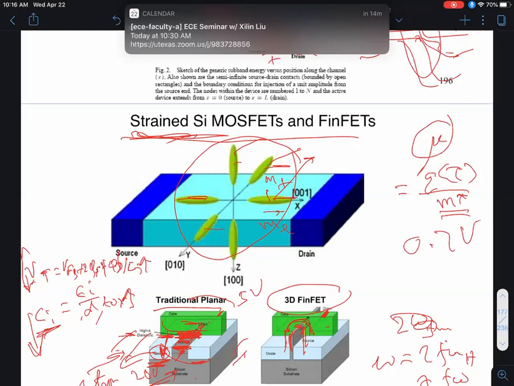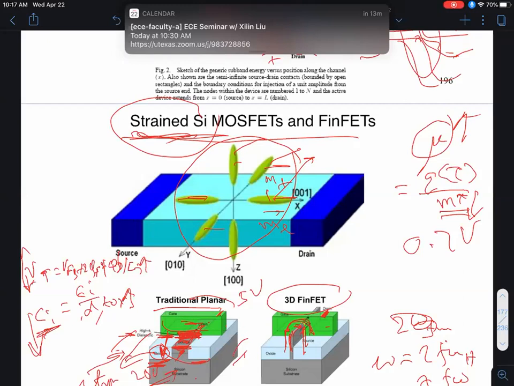This is very complicated, and clearly that wasn't a good enough explanation. The punchline is, by introducing mechanical strain on purpose to these MOSFETs, you can reduce the effective mass of the carriers. That raises the mobility of the carriers in the channel, and that's how you get higher currents in a transistor.